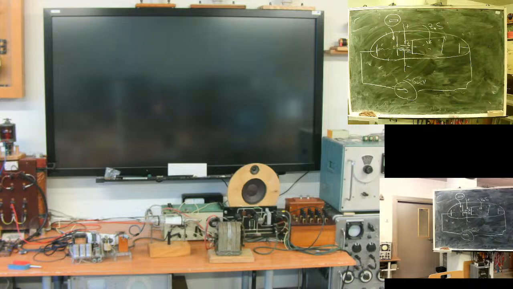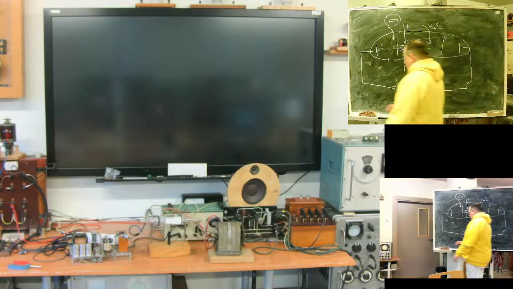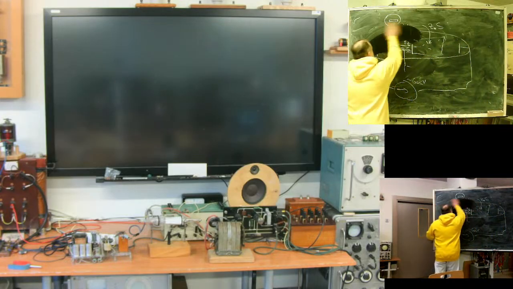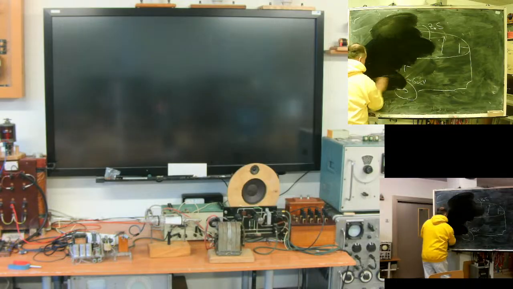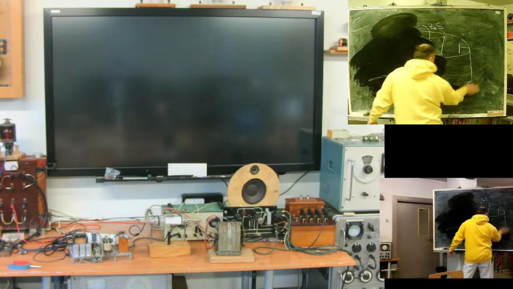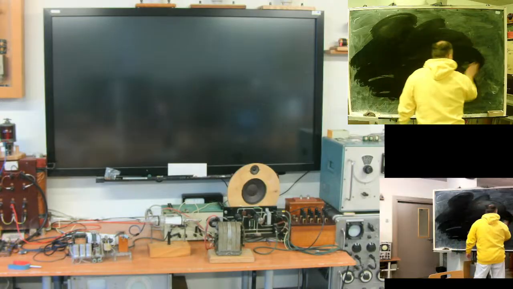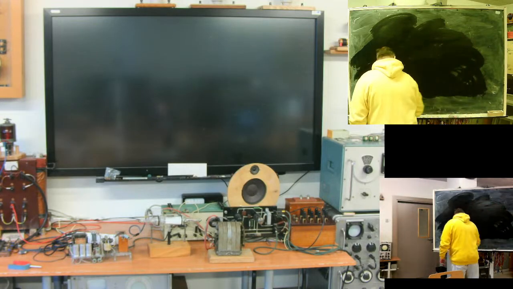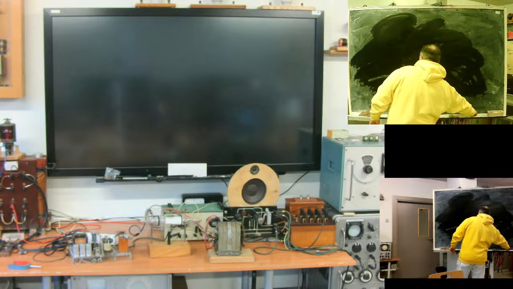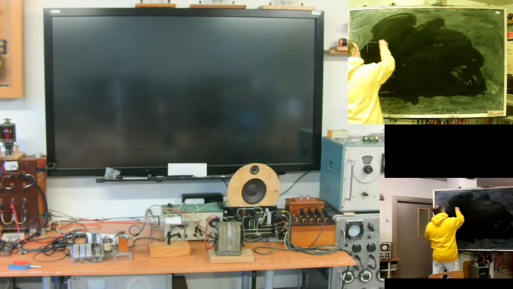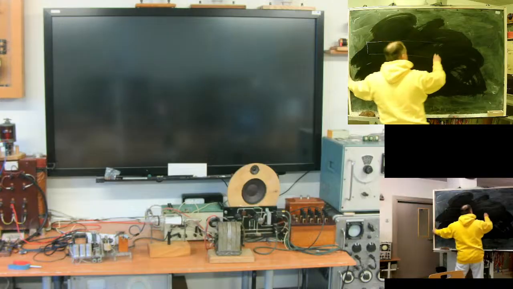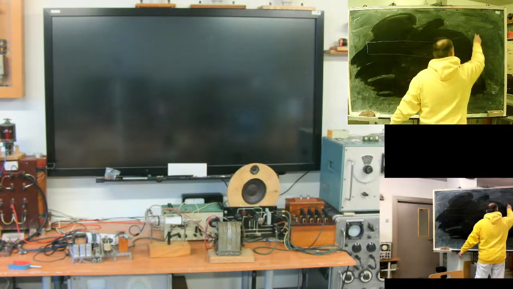This part produces the electron beam, one set of deflection plates, and from this side another set of deflection plates can be visible. A special vessel.